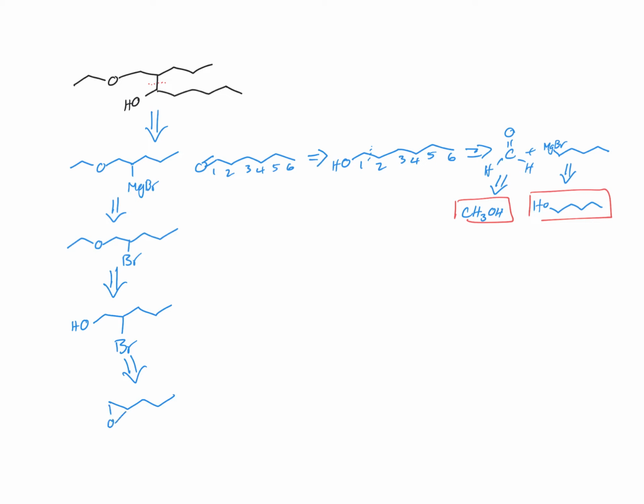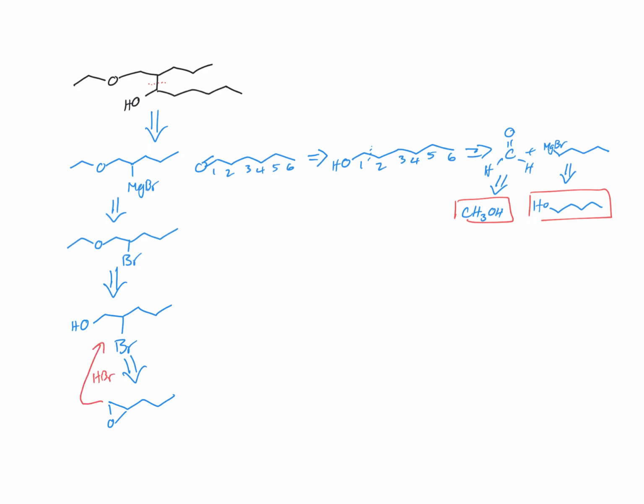So if I ring open that epoxide, can I get the bromine on the more substituted position? If I use bromide as an anion under basic conditions, right, if I just have bromide, I would expect it to attack that position. That is not what I want. What if I used HBr to affect this transformation? Could I do this with HBr?